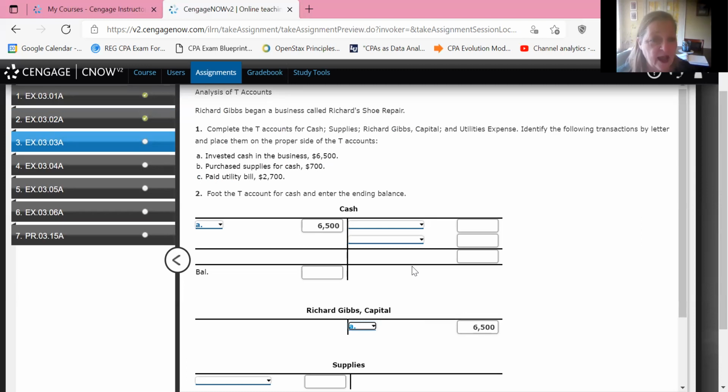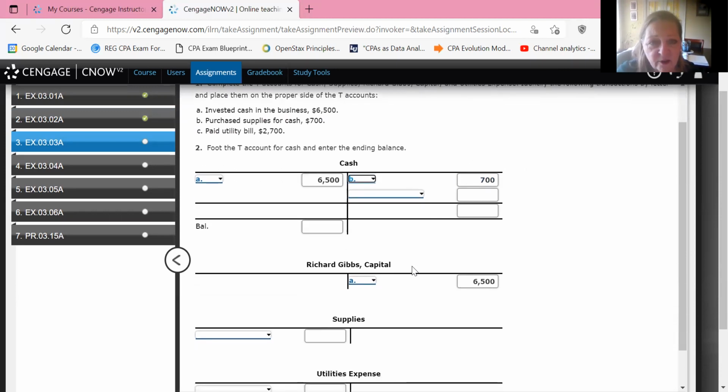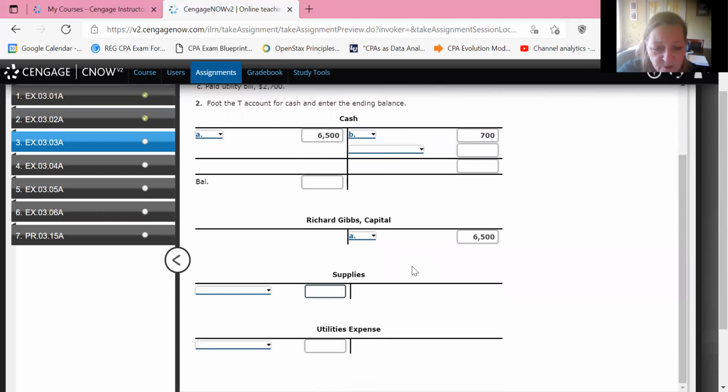I know what happened to cash. We purchased supplies for cash, so cash decreased. Cash increases with a debit, so if you're decreasing cash, you're crediting it. So $700, that's transaction B. The other side of it was purchasing the supplies for $700, also transaction B.